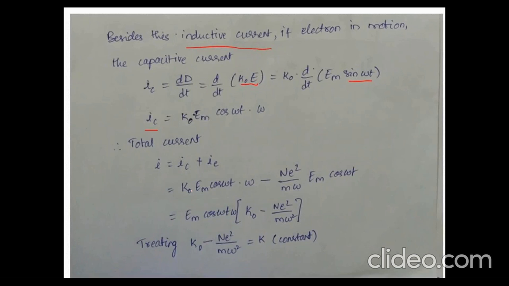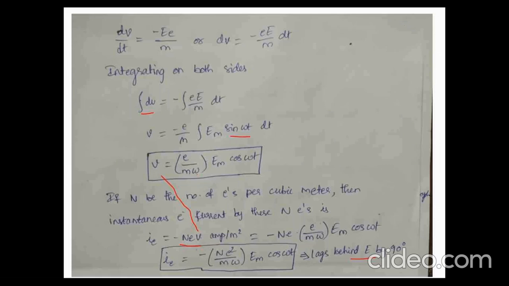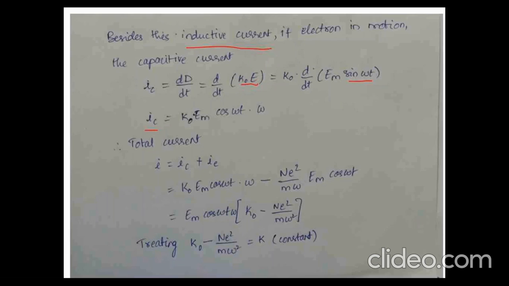Ic plus Ie is K naught Em cos omega t into omega, minus, since it is minus of the Ie value, ne square by m omega into Em cos omega t. When you take Em cos omega t into omega common, K naught is left in the first term, and in the second term ne square by m omega square.